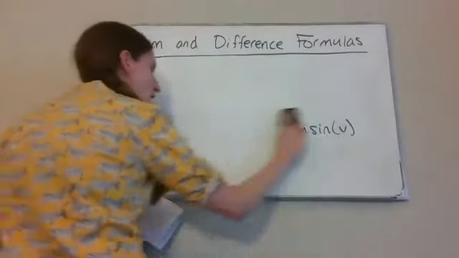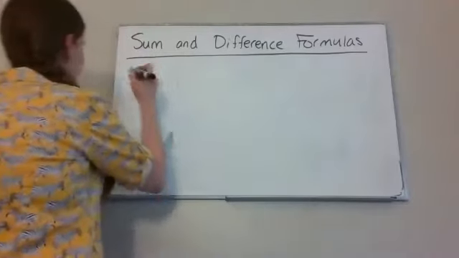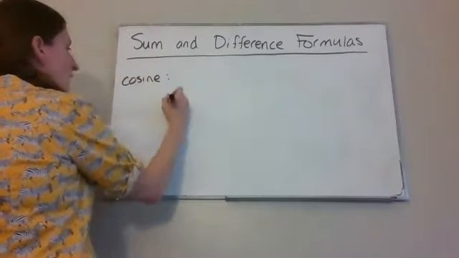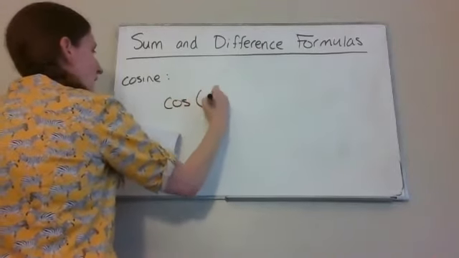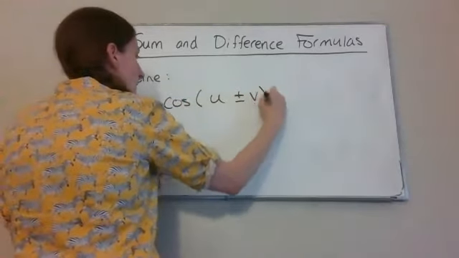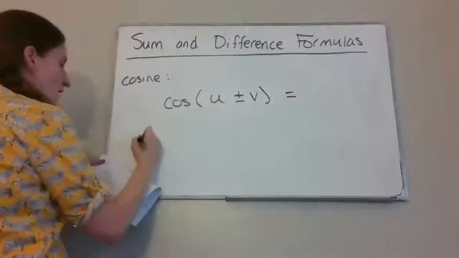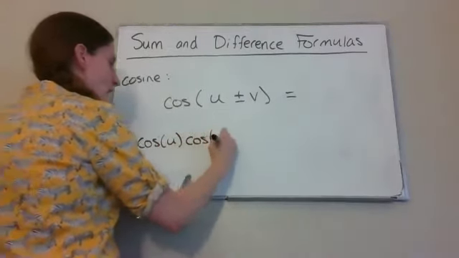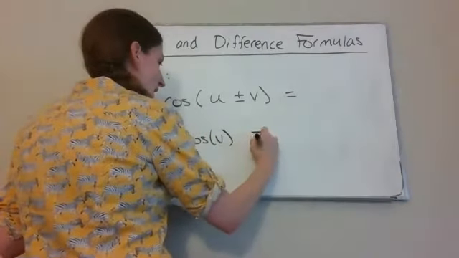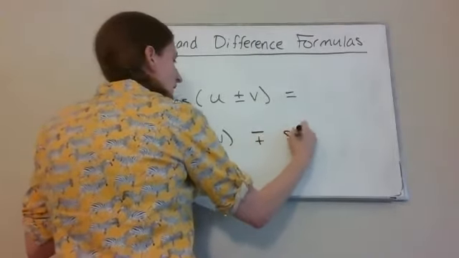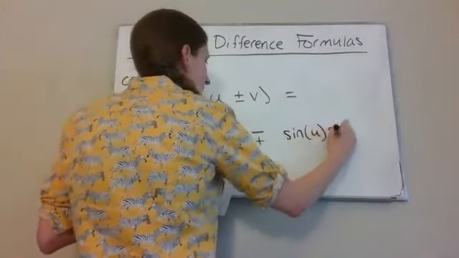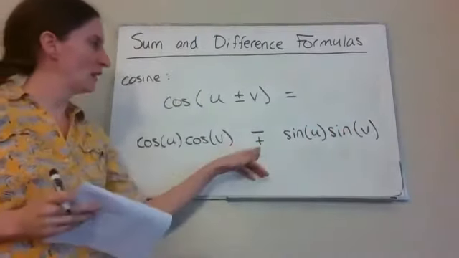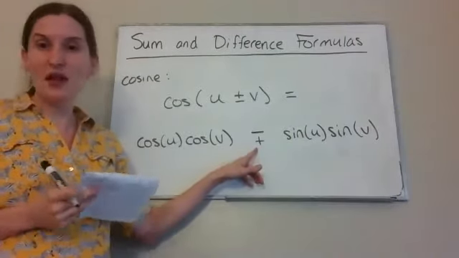Now, the cosine formula is a little more complicated. For cosine, we get that cosine of u plus or minus v is equal to cosine of u times cosine of v minus or plus sine of u times sine of v. Now, notice here I have my plus or minus symbol upside down.